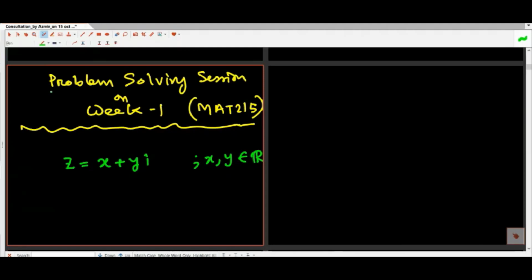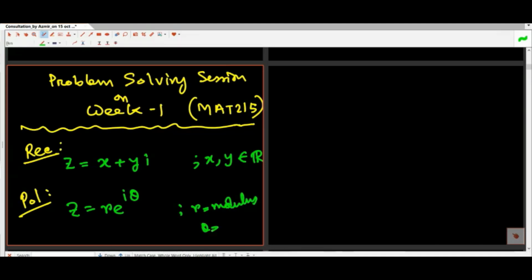So the form that you can see from here is known as rectangular form or Cartesian form of complex number. Similarly, we have a polar form of complex number, that is z equals r e power i theta. So here r is the modulus and theta is the argument of z.